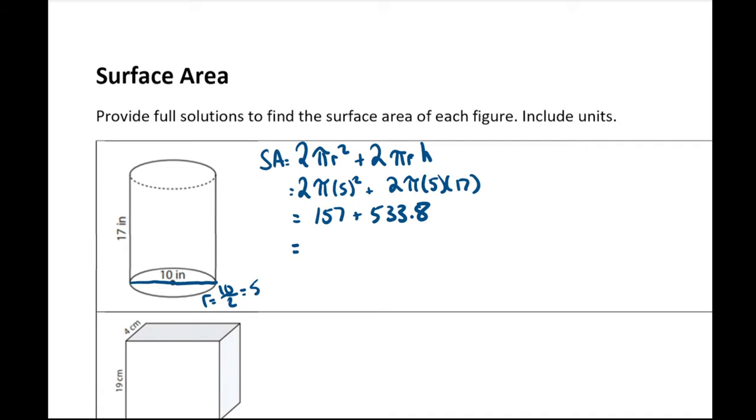And then finally, for my surface area, I'm going to add those two together, and I should get 690.8 inches squared. Because we're dealing with area, even though it's for a 3D object, our units are squared. So that would be the surface area of our cylinder.